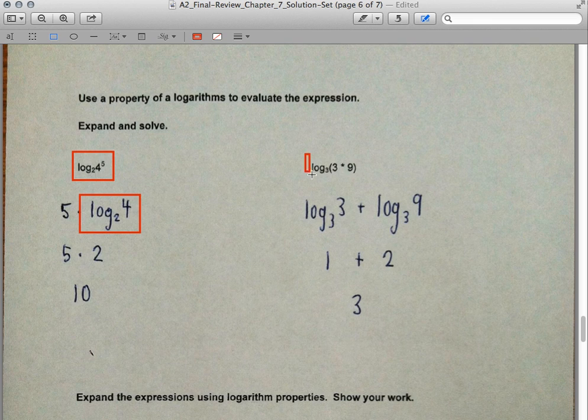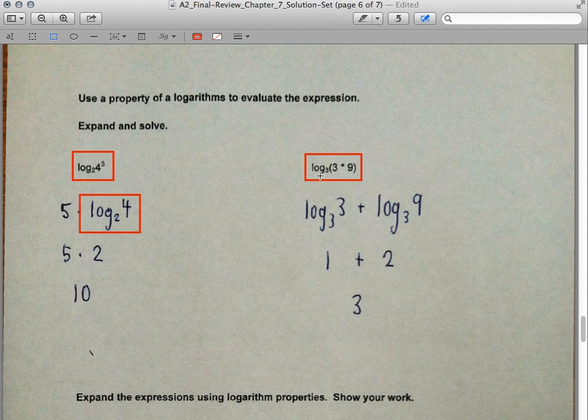We also learned the product property of logarithm expressions, which states that logarithms with the same base being added together is the same as a logarithm expression with that base, with those two values being the factors of a larger logarithm expression.